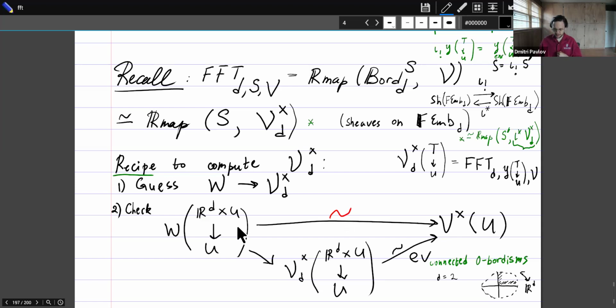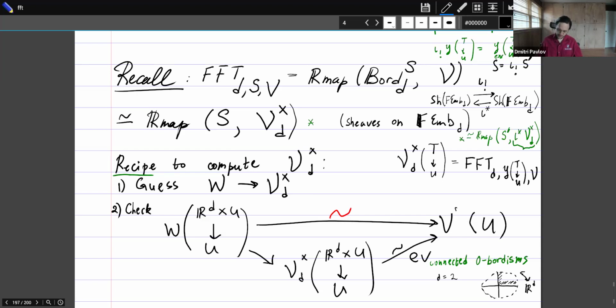And what's the advantage of looking at the top map? Well, this whole composition is much simpler to work with because, yeah, I should have mentioned to you, of course, that V cross means discard non-invertible morphisms from V, and take its fully dualizable objects.